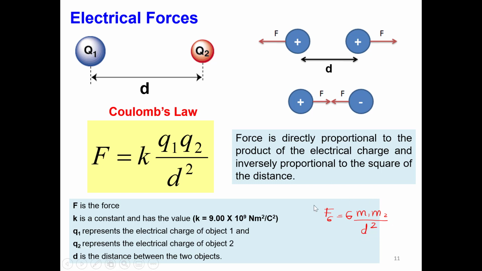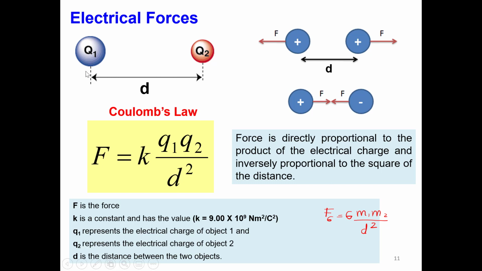Using a similar equation, we can calculate the electrical force between two charges. In this case, we replace the G by K. K is a constant, and the value of this constant is 9.00 times 10 to the power 9 newton meter squared divided by coulomb squared. Instead of mass, we have charge 1 times charge 2, divided by the distance between the two charges.